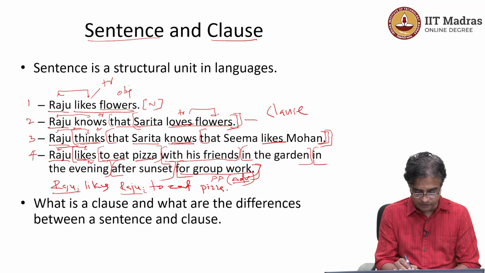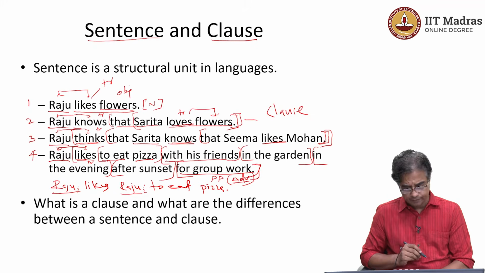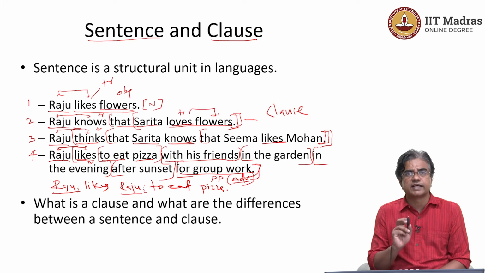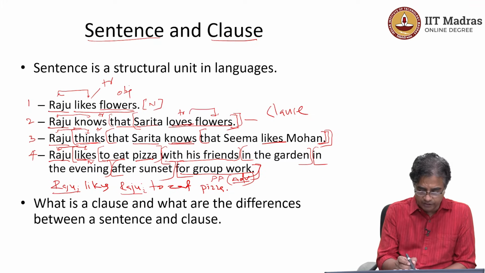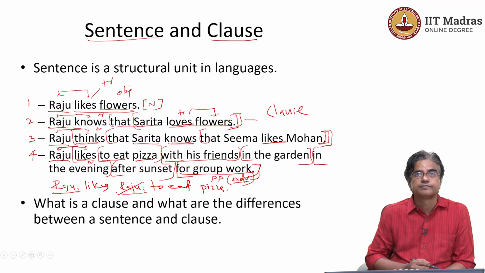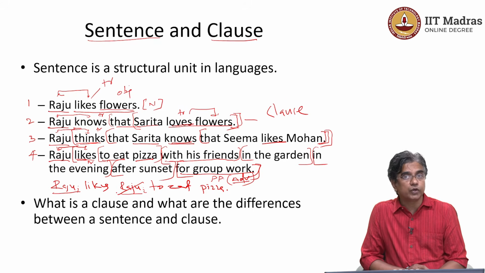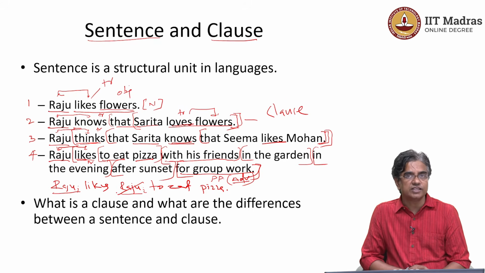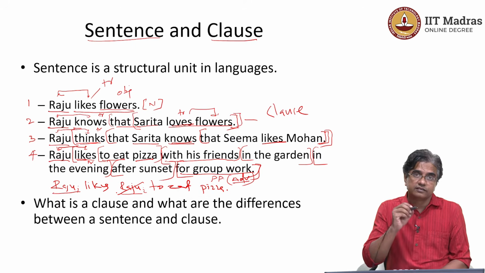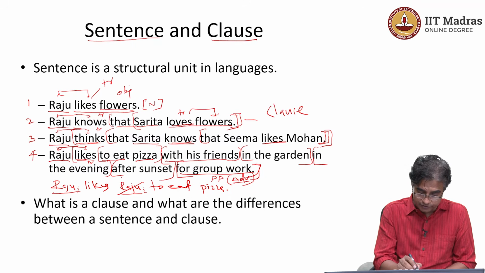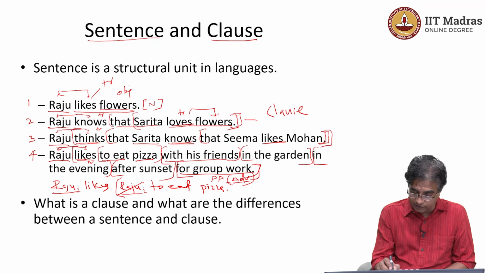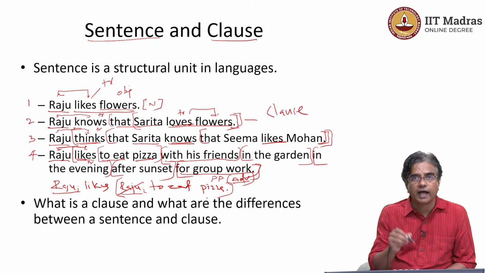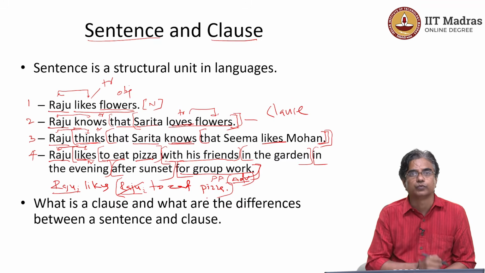This one, Raju, and this one, they are referring to the same entity. We can say this is also I, this is also I, meaning they are co-indexed, they are referring to the same entity. We can drop this. When they do not refer to the same entity, then the subject of this clause has to be present in the sentence too.